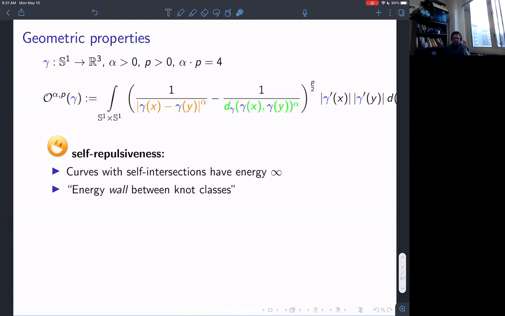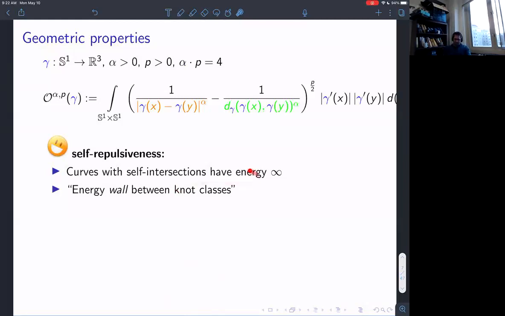Well, the energy respects those, in the sense that if you want to do brute force and do a self-intersection to leave your knot class, you have to go through plus infinity. So it's expensive to go from one knot class to the other. You would hope that if I'm in a knot class, I don't leave it because it's very expensive, and minimized, following the gradient flow or whatever.